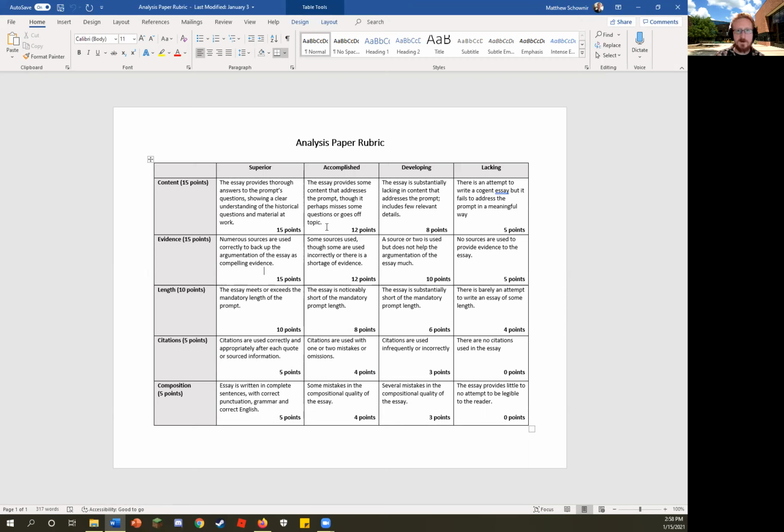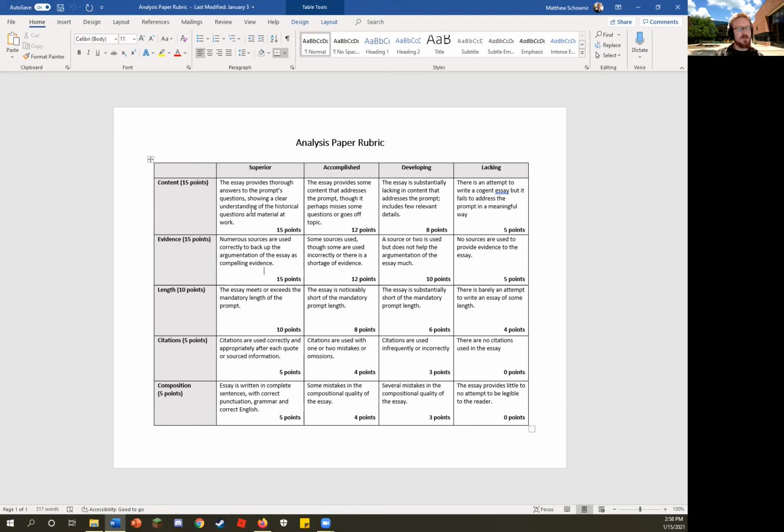Points might get taken off here or there if the paper is not long enough, if you don't cite your sources, if you use bad English, bad grammar. But the bulk of the points are in the content, just showing that you read the documents and you understand them, and that you're using them in the paper as evidence.